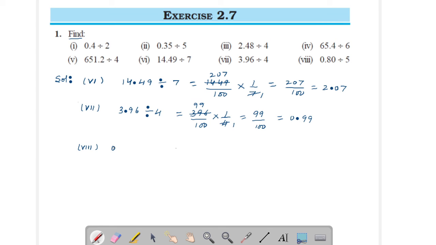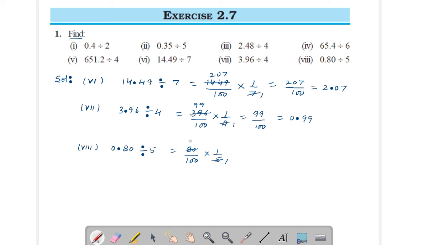It is 0.80 divided by 5. It can be written as 80 upon 100 into reciprocal of 5, that is 1 upon 5. Here cancel 80 and 5 by 5. 5 1 ja.